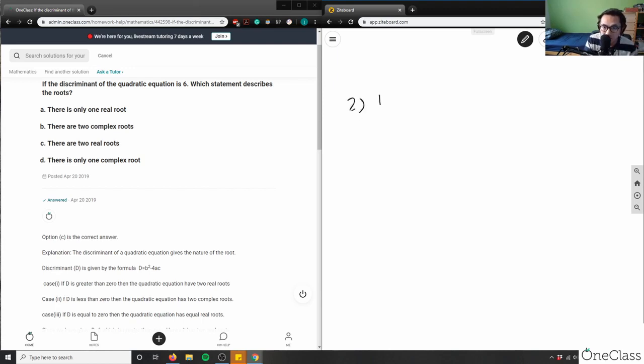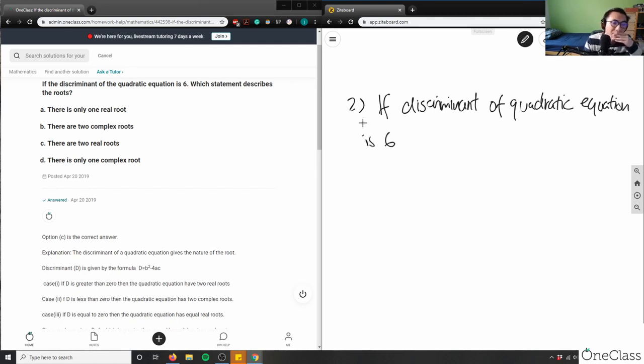The options are: there's only one real root, there are 2 complex roots, there are 2 real roots and only 1 complex root.